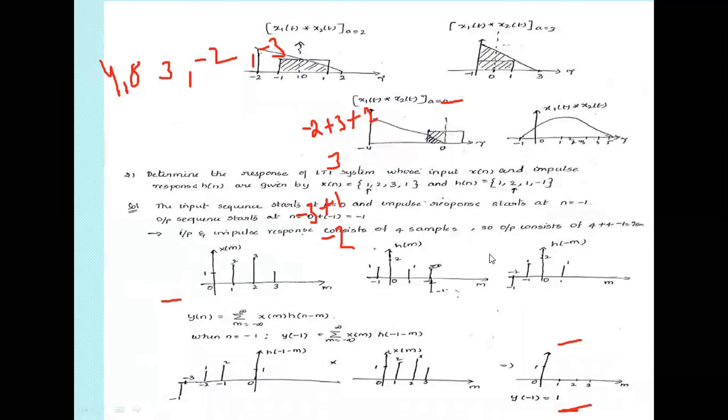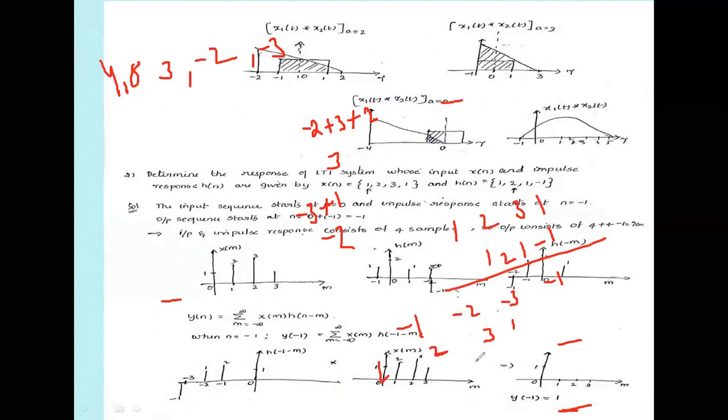X values. X value is 1, 2, 3, 1. H values are 1, 2, 1, minus 1. Okay, multiply these values. Minus 1, minus 3, minus 2, minus 1. And 1 into 1 is 1, 3, 2, 1.